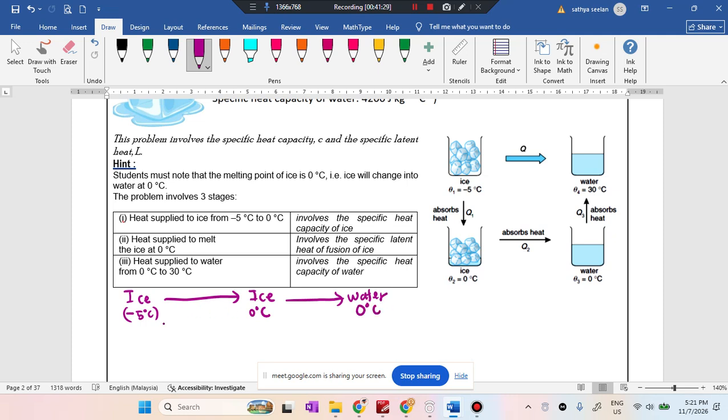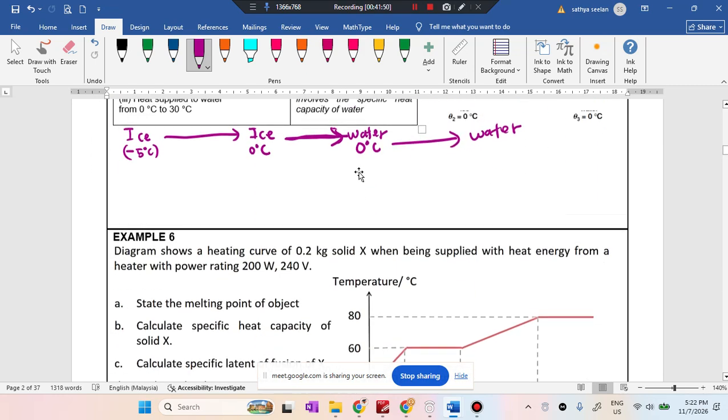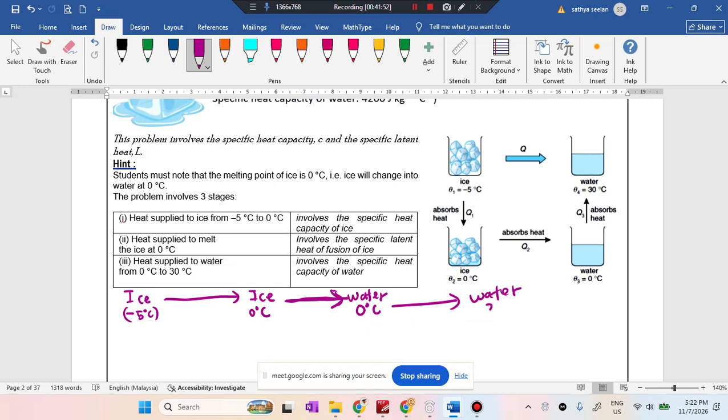Okay, you all faham? Negative 5 to 0 degree Celsius ice. Then from 0 degree Celsius, a melting point and freezing point. So dia akan melakukan perubahan fasa. So it become water at 0 degree Celsius. Then this water will go to 30 degree Celsius. And that's it, right?